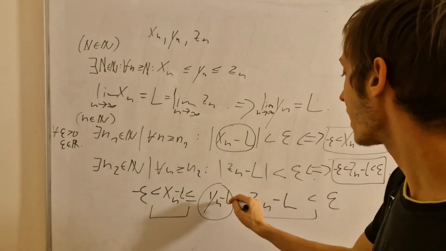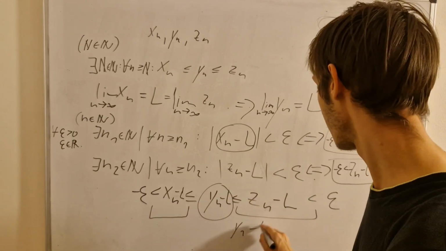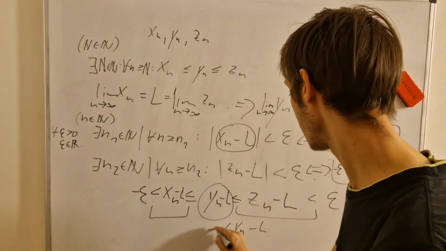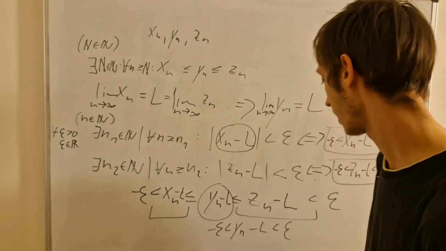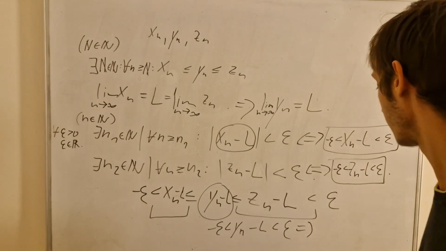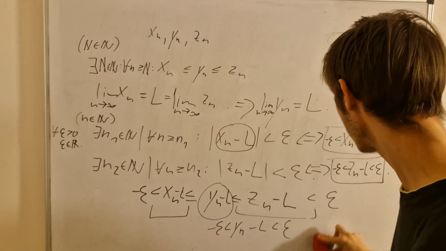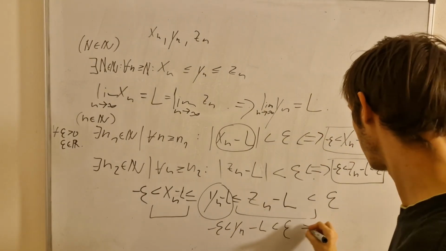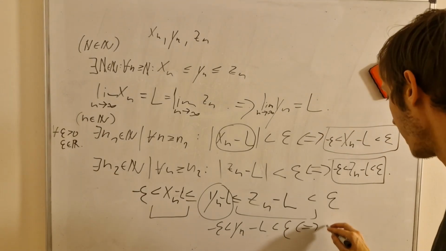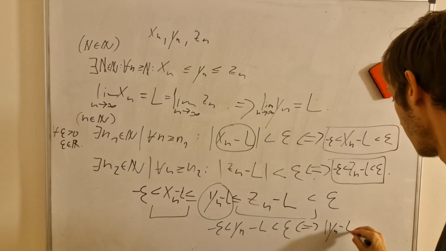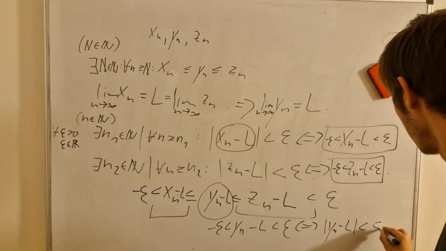That means that yn minus L must also be strictly between the epsilon values, minus epsilon and epsilon. So, or implies, but we can also say that's equivalently expressed as the absolute value of yn minus L smaller than epsilon.